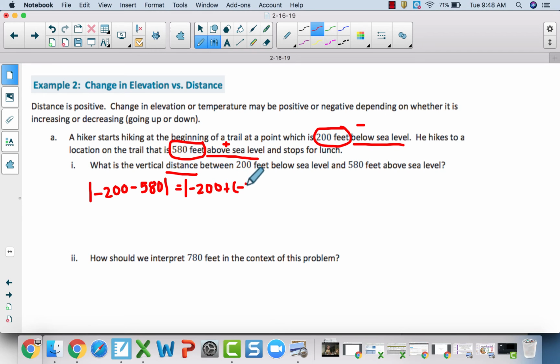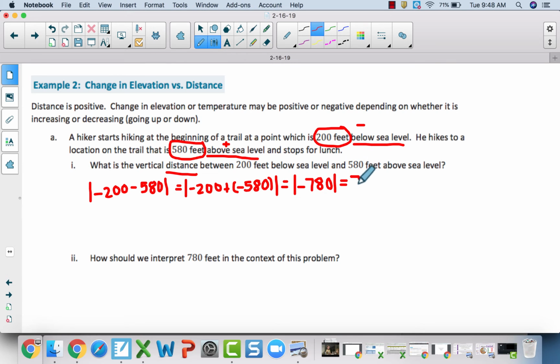Now that 580 then becomes negative. -200 plus a -580 is -780. And then the absolute value of -780, or how far -780 is from 0, is 780.